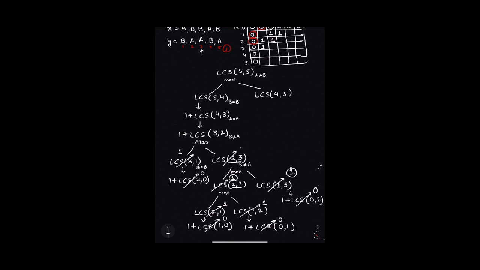So the value of 2, comma 3 will become as 1. Now to find the value of 3, comma 2, it has to be maximum from 1 and 1. So the value will be equal to 1. So 3, comma 2 becomes 1. And the value of 4, comma 3 becomes 1 plus 1, that is 2. The value of 5, comma 4 becomes 1 plus 2, which is equal to 3.